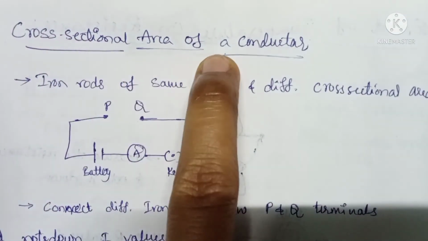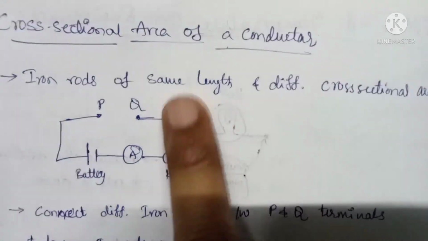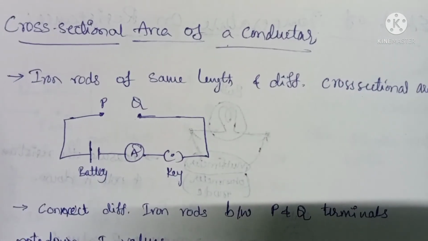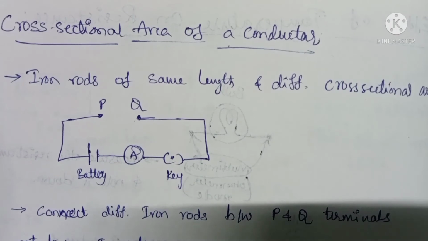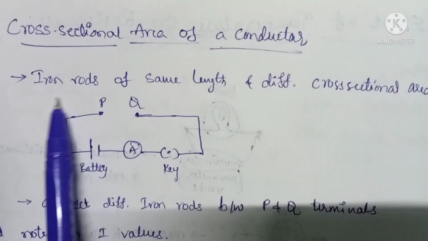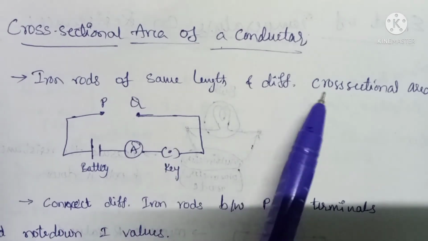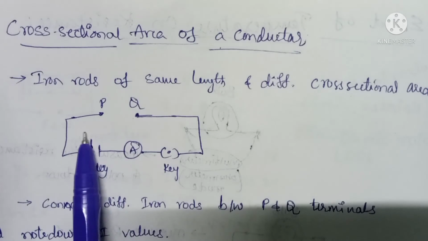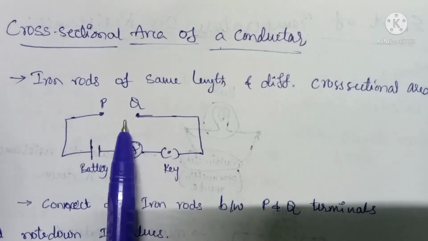Effect of cross-sectional area on the resistance of a conductor. How does the resistance of a conductor change as the cross-sectional area changes? Take iron rods of the same length and different cross-sectional areas, and connect the circuit like this.